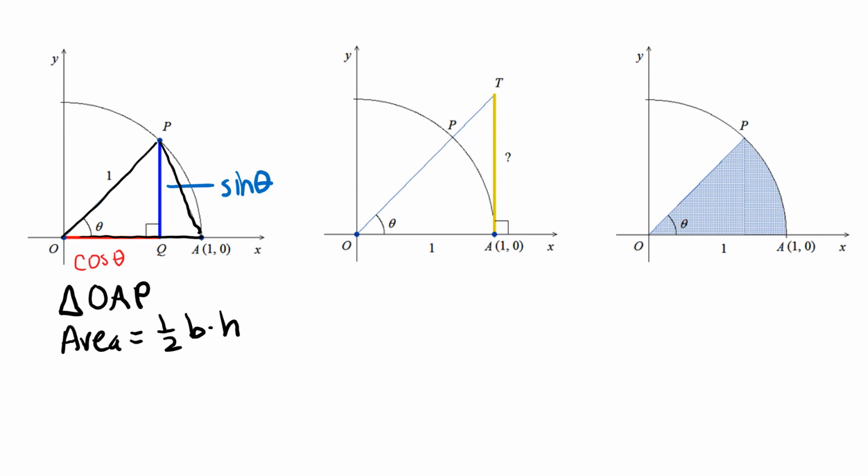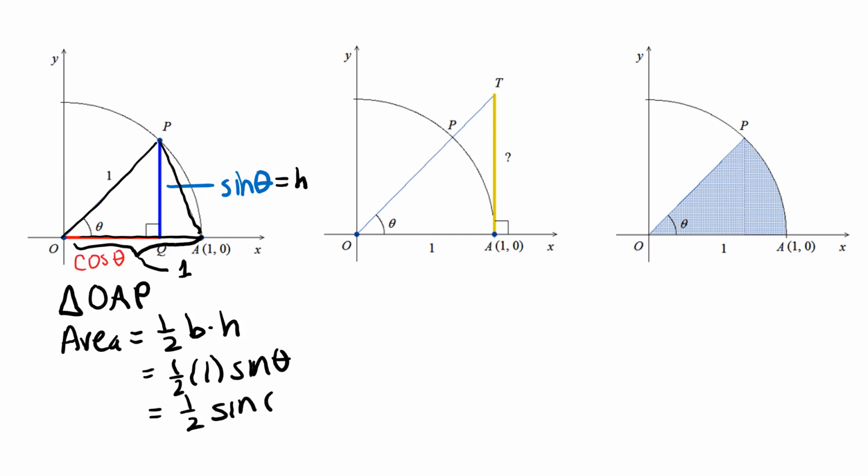And so we want to look at that whole triangle that I outlined there in black, OAP. So since it's a unit circle, that cosine theta is just the red part, but we know that this distance from the origin to point A is 1 unit, so that's our base. And then the height of the triangle would be that blue side, so that's the sine theta. So the area of this triangle is 1/2 times 1 times sine theta, or just 1/2 sine theta.